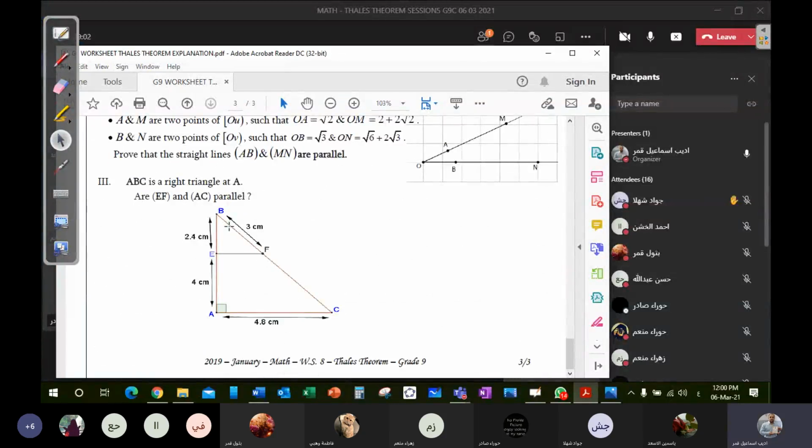Read, Jawad. As it is, ABC is a right triangle at A. Okay. EF and AC parallel. We should find if they are parallel by using the converse of Thales theorem.